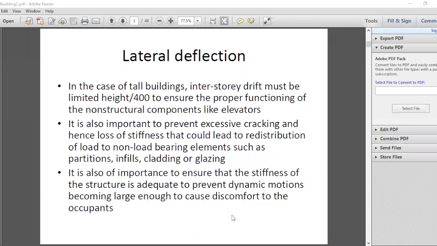So basically the building will be moving in one direction and then come back to the center and continue to move. So because the building is moving like this, when the building moves to the extreme end, why does it return?